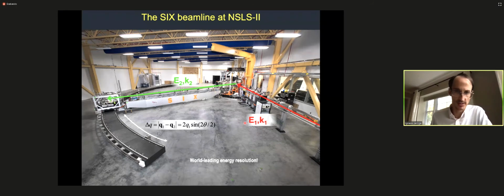We've had users since July 2018, so going on 2 and a half years of user experiments. It's working really well. And it's one of the most oversubscribed beamlines at NSLS-II, not the most oversubscribed, but one of the most. We have other very valuable jewels at NSLS-II that are also oversubscribed, but it's a sign that the beamline is highly sought after by our community.